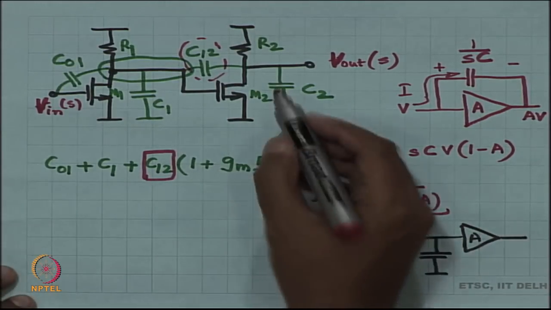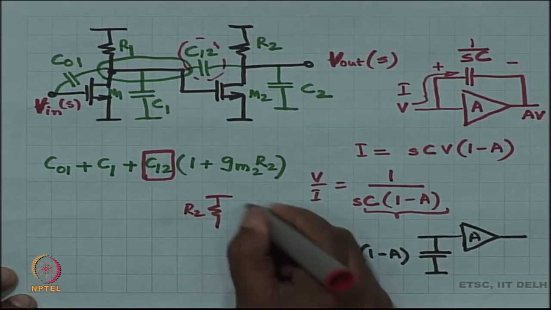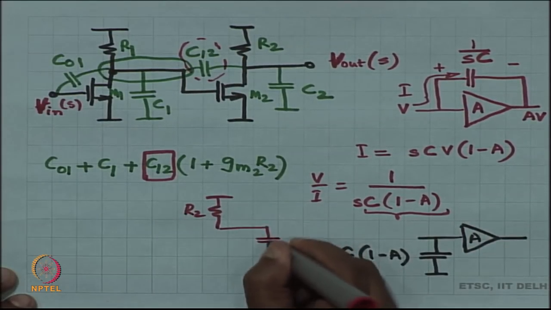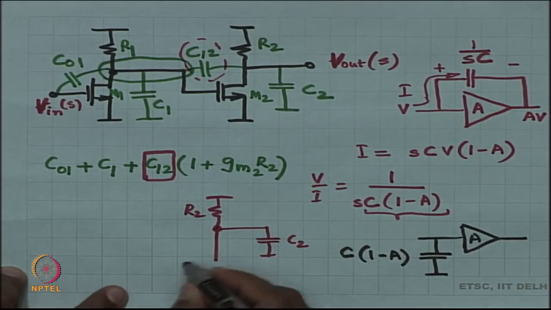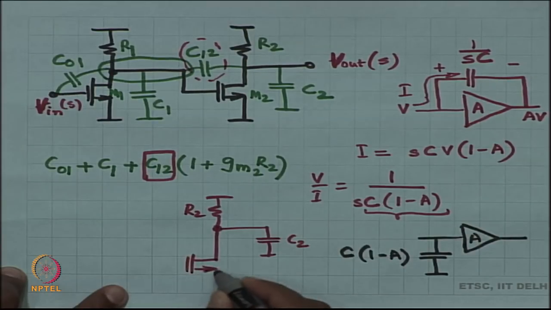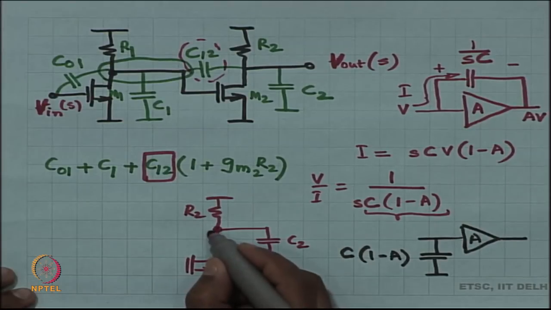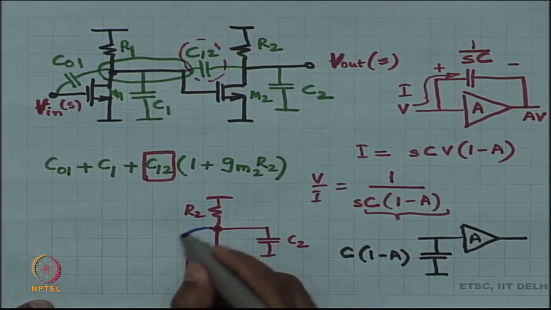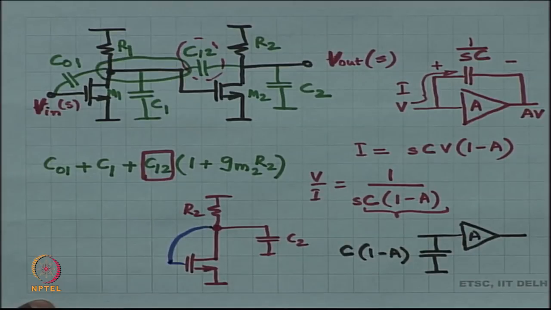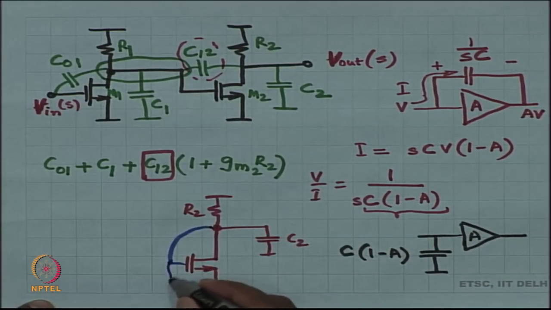Otherwise, as far as the remaining structure goes, I have got R2 and C2, but otherwise I have got M2, and I have got a short over here, and C1 and C01 are also shorts.